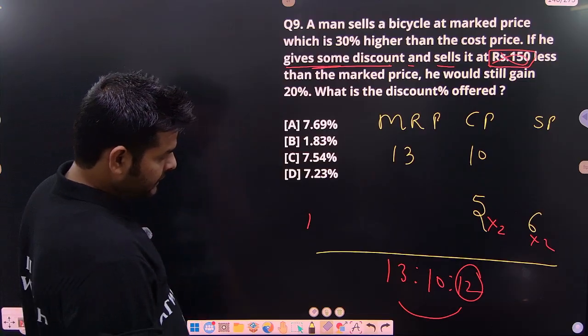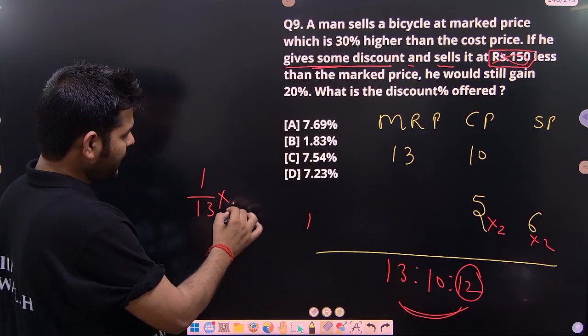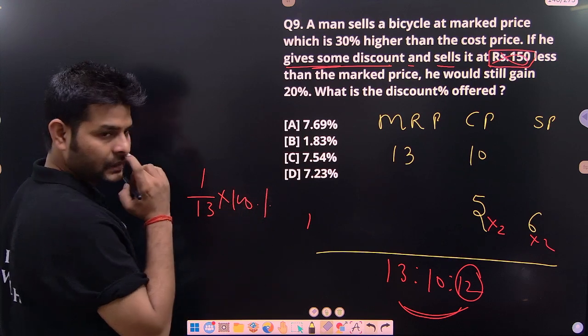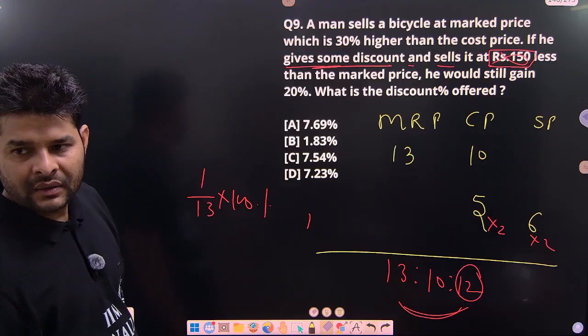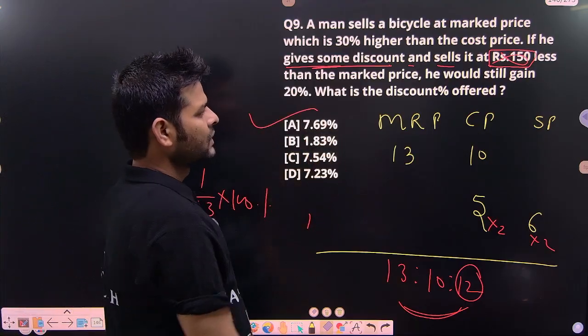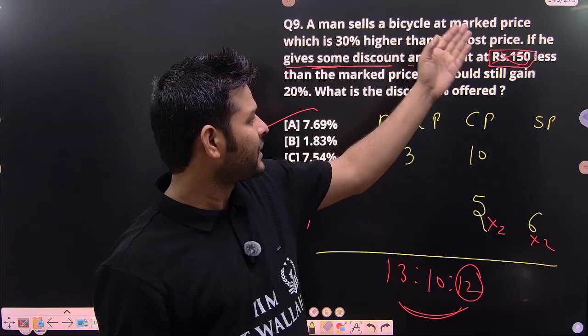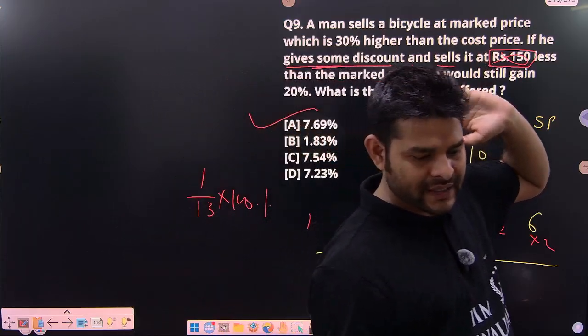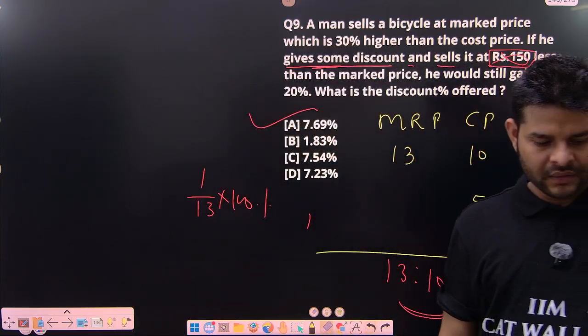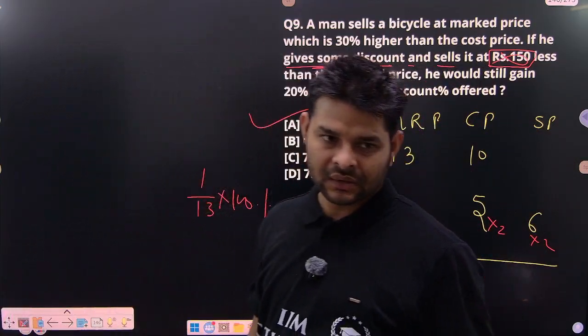So basically discount is what? 1 is discount on 13. You can directly solve it out. That would be 7 point something. Exactly. Whenever we have been asked in percentage, we need not take the real value. The real value has been given just for your confusion. You need to avoid it.